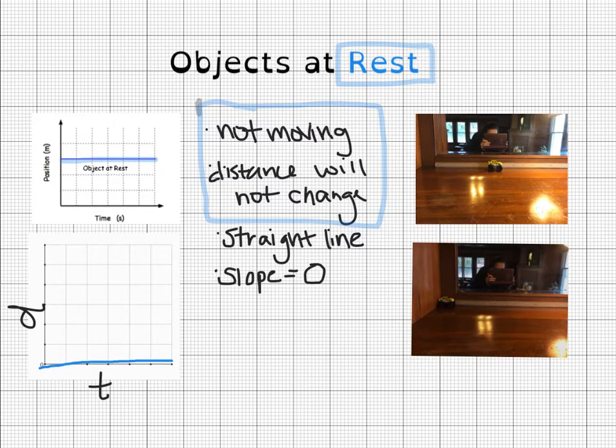Again, super exciting. So, objects at rest. We're using one color to describe it, like I said, blue. We know that objects at rest are not moving and their distance won't change. And when we go to graph, we graph with a straight line with a slope of 0.